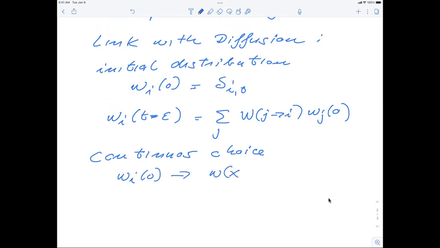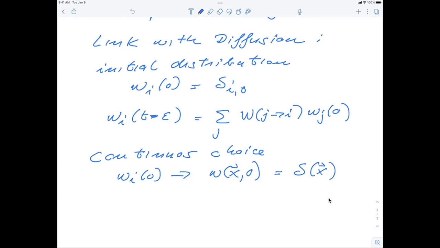So x is now a vector which represents the position of the specific object, or if you have many objects, this could be a multidimensional probability. And this is now going simply to be given by, so this is at time t0, a delta function.